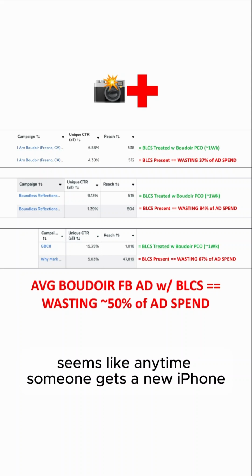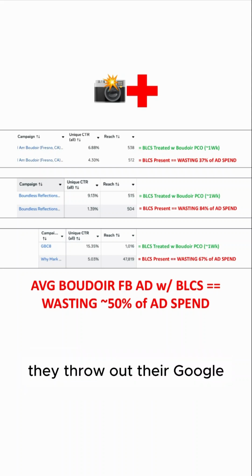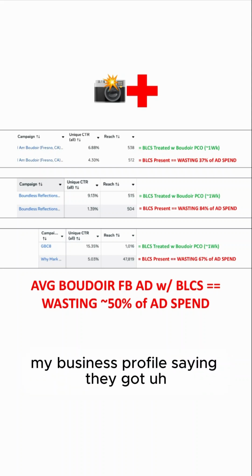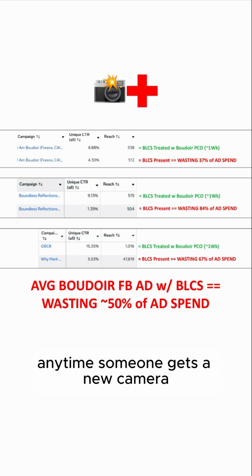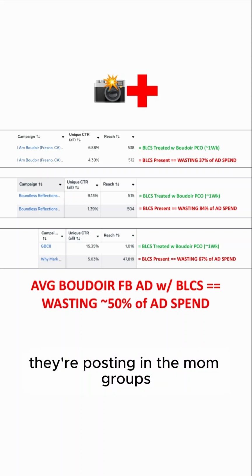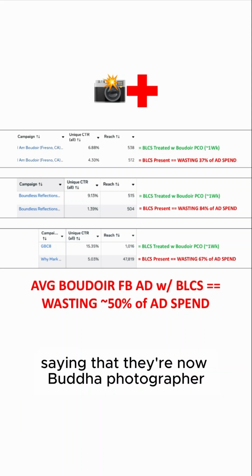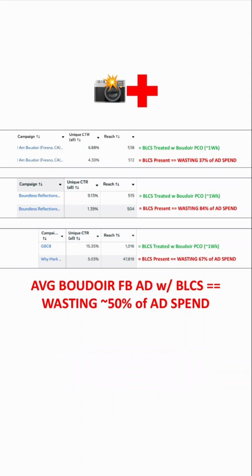Seems like anytime someone gets a new iPhone, they throw up their Google My Business profile saying they're now a boudoir photographer. And anytime someone gets a new camera, they're posting in the mom group saying they're now a boudoir photographer and offering sessions. So you see it's getting more and more competitive.